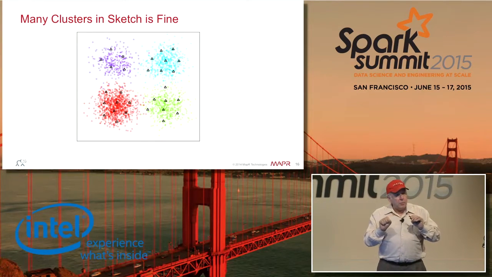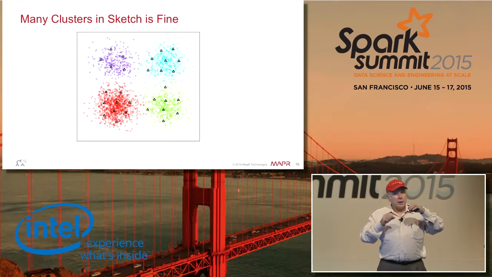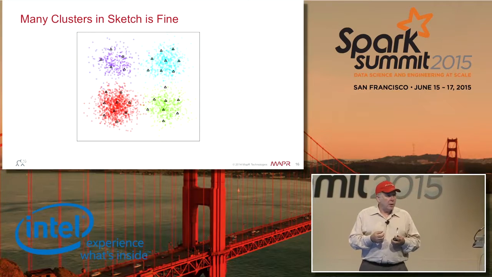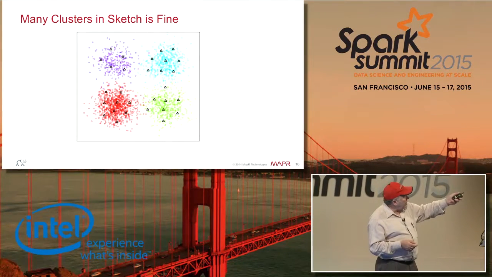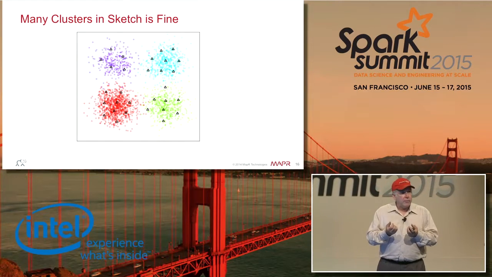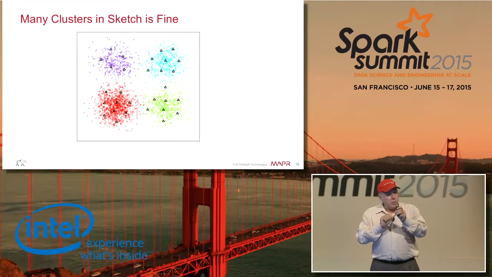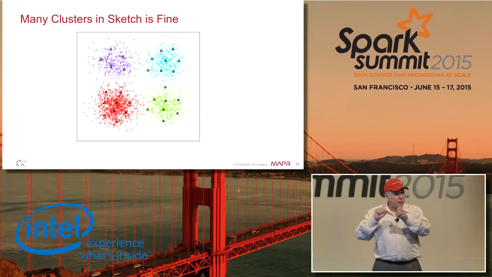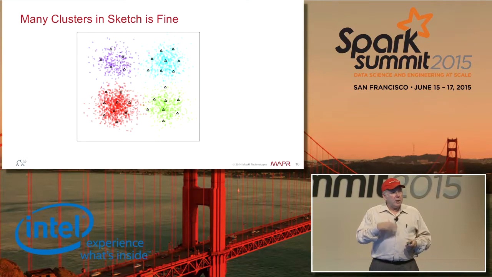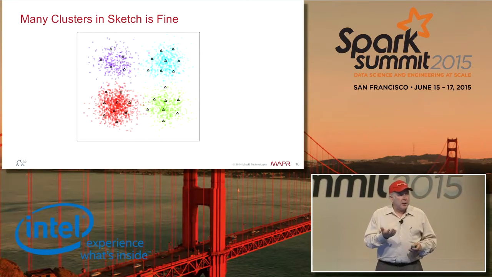And superimposed on that is a K-means clustering of that set of data, except that I've put in way more clusters in the sketch than I would have in the final result. The result is that all of the clusters have several sketch centroids in them. And that means that I will almost always have something in every interesting feature of the data. And so I can cluster the sketch instead of the data.